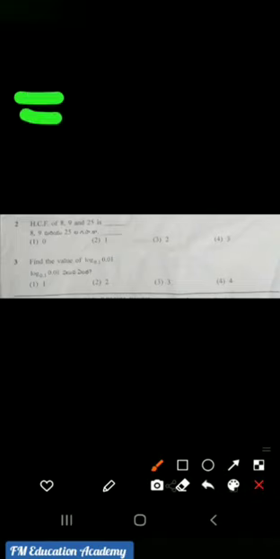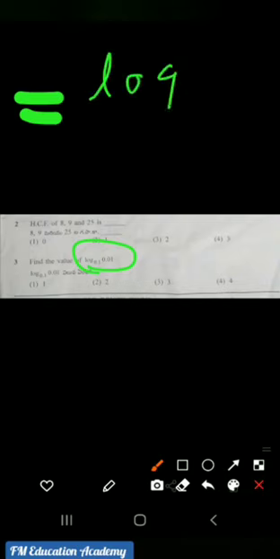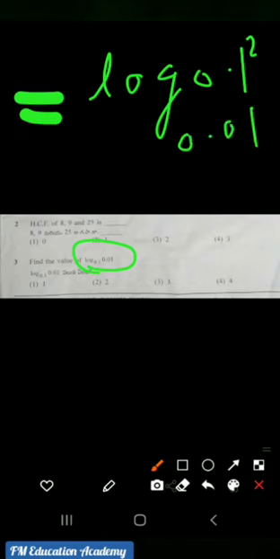So we have to make this log x power n to the base a in the form of n log x to the base a. I'll show you. See, we had this log 0.1 square to the base 0.1. So log x power n to the base a is n log x to the base a.